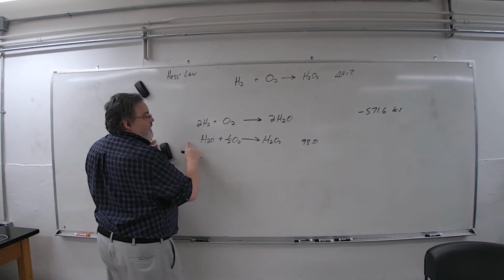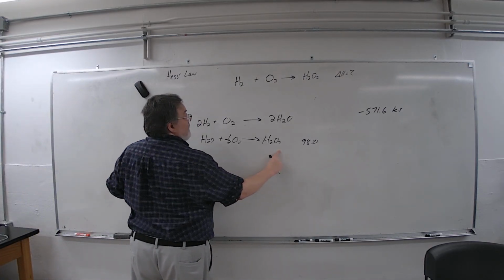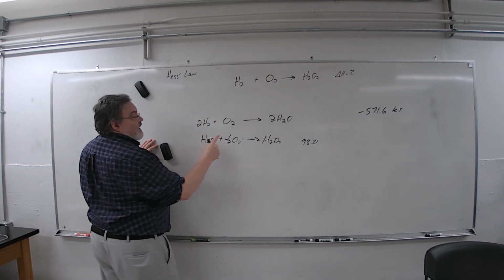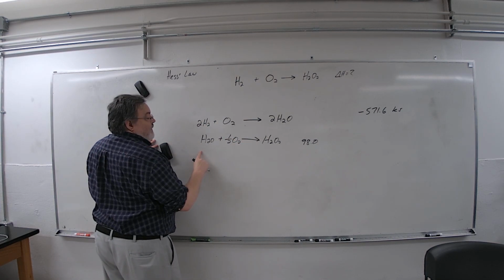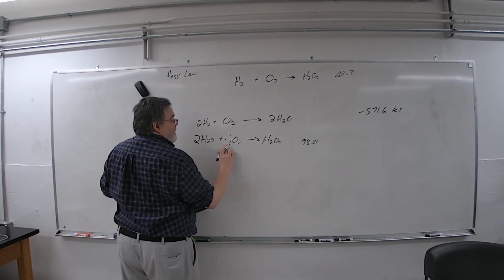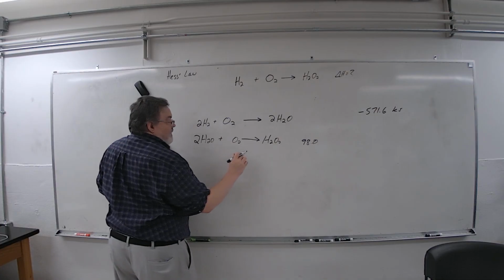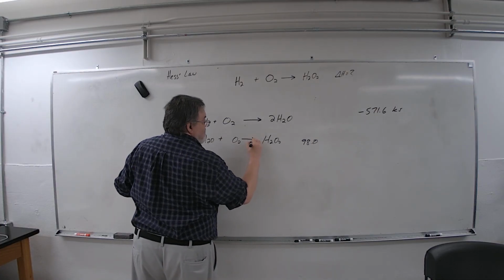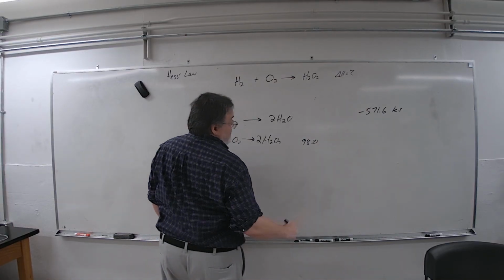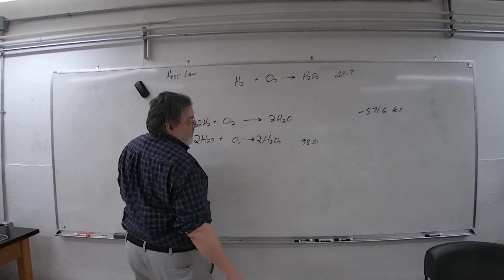So I'm going to multiply through here by 2. So the 2H2O will go away. So 2 times that is 2H2O. 2 times 1/2 is 1. 2 times H2O2. And then this times 2, what is that? 196.